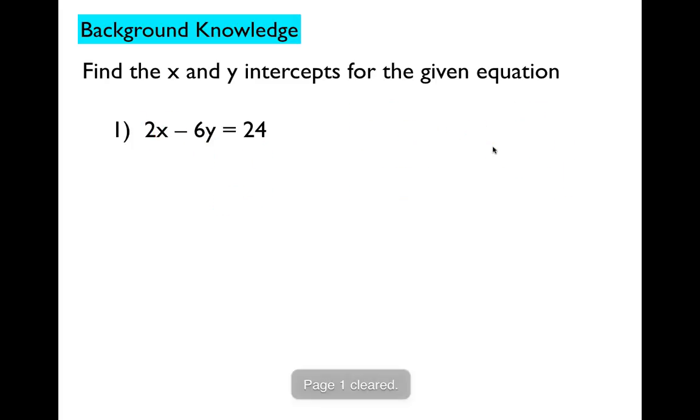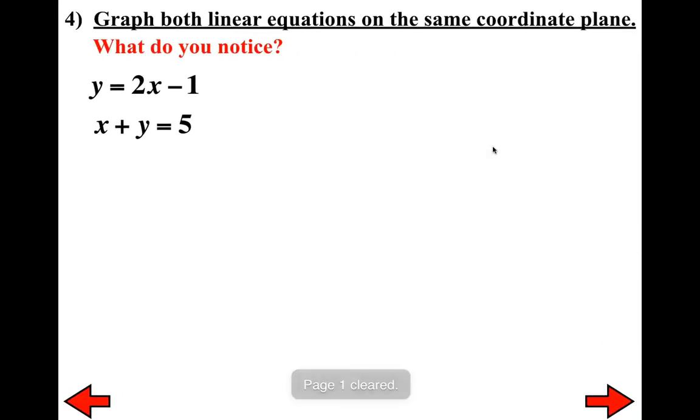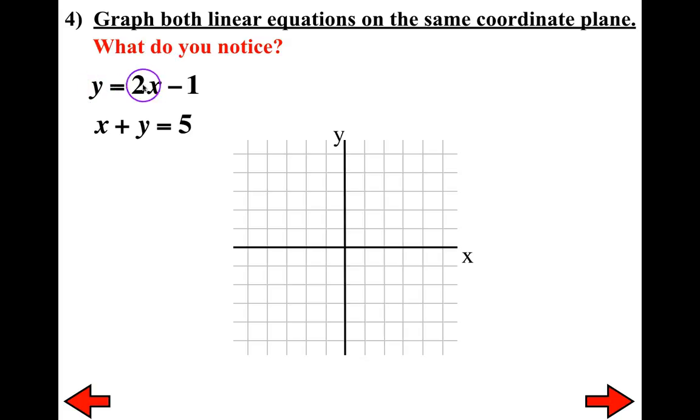Okay, so now it says here, graph both linear equations on the same coordinate plane. What do you notice? Okay, so for the first one, y equals 2x minus 1. Hopefully you recognize right away that's in slope-intercept form. So I recognize slope is 2 and my y-intercept is negative 1.